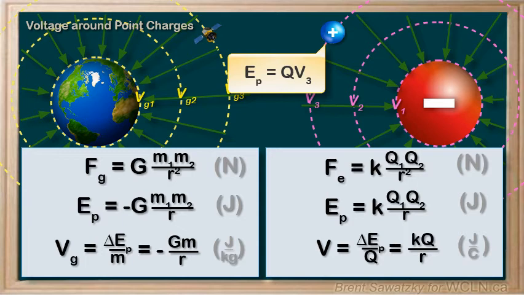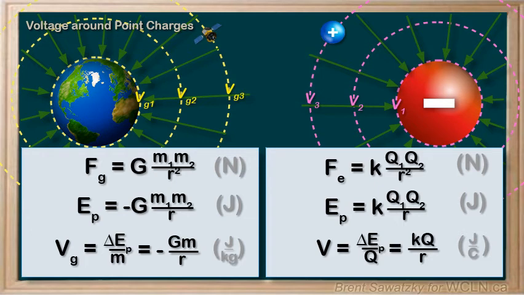The coulombs cancel out, and we have joules, the potential energy of the charge at this location. So, if we have the voltage, then we know what the potential energy is. All we need is the second charge, and then we can specify the energy at this position.